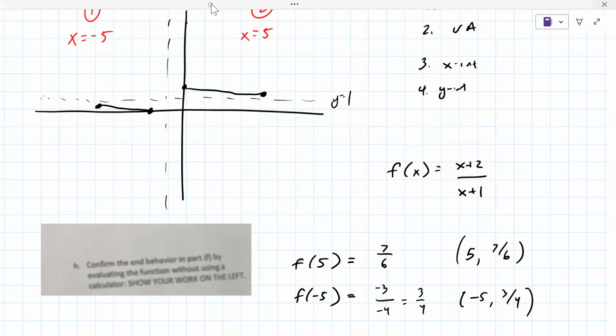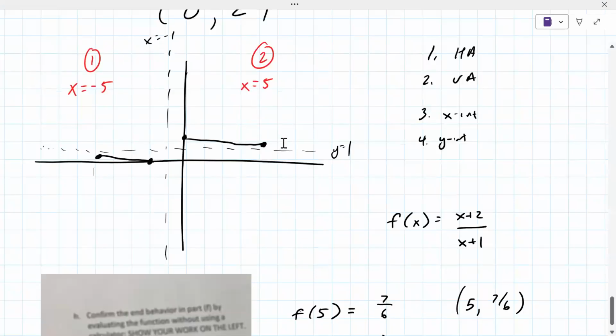But you can't cross the horizontal or vertical asymptotes, so it's kind of like making something like that.